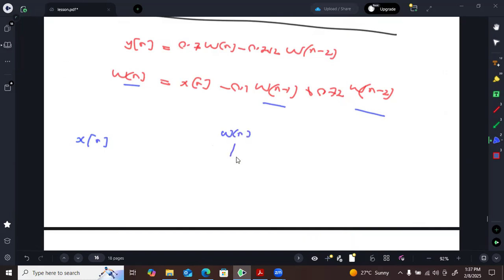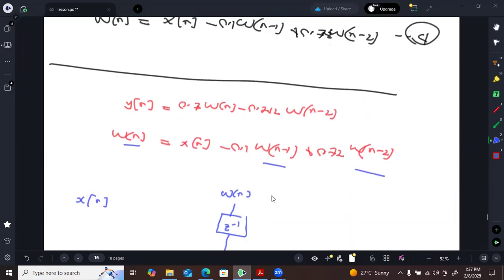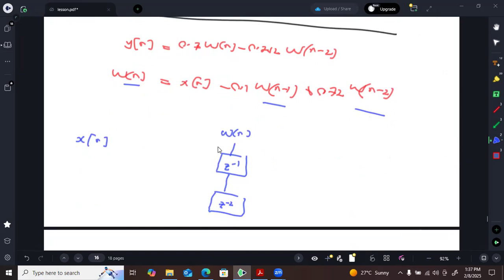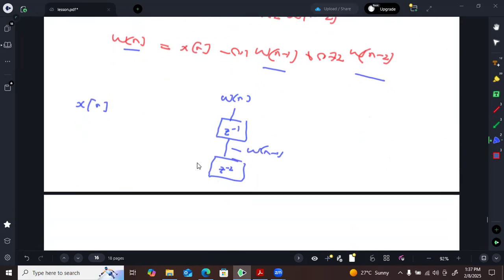I need wn minus 1, so I have z minus 1, and wn minus 2, so I have z minus 2 here. Here we'll be able to get wn minus 1, and at the end of this, I will be able to get wn minus 2.